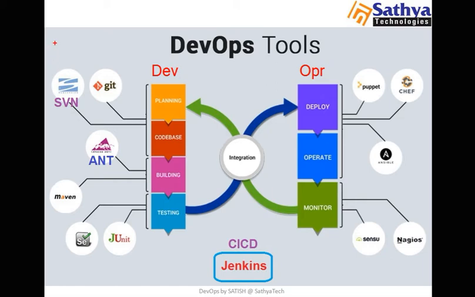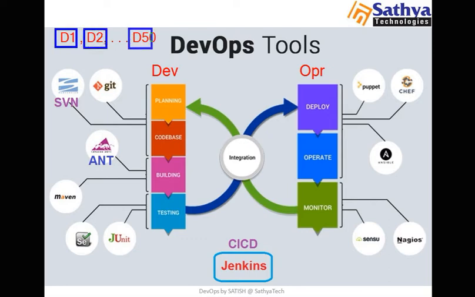Here the developers will develop some source code. If you have a team of developers, they develop source code, and that code we can store in repositories, like Subversion or Git. Here I have a team of developers like developer 1 and developer 2.